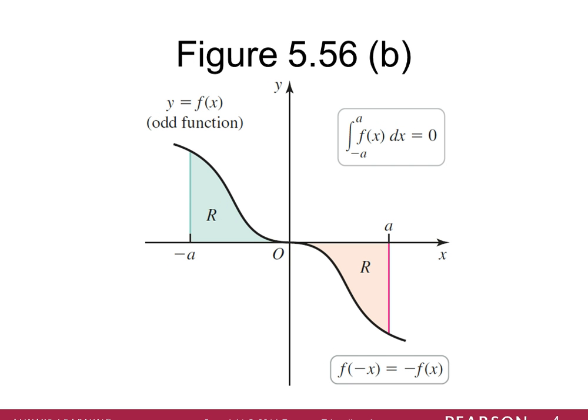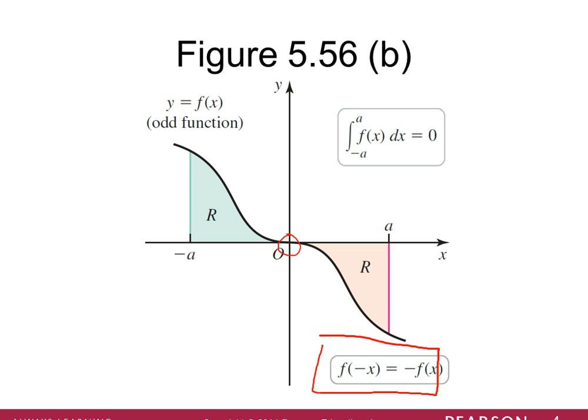However, odd functions act in a similar way, but even a little nicer. First off, what is an odd function? Well, the analytical definition is that f of negative x is equal to negative f of x, or on a graph, we're symmetrical about the origin.